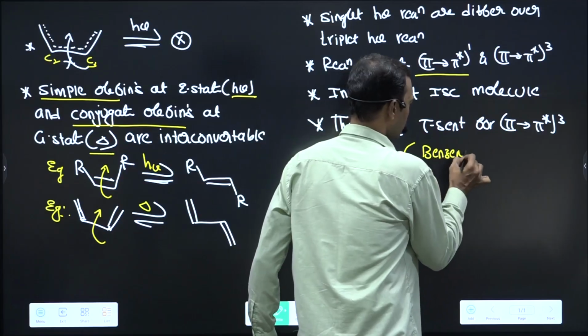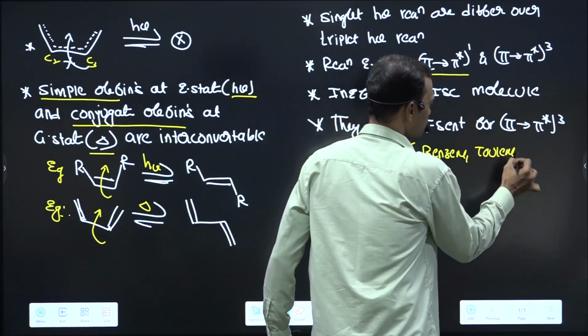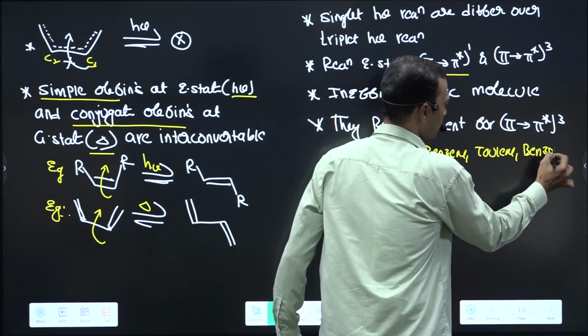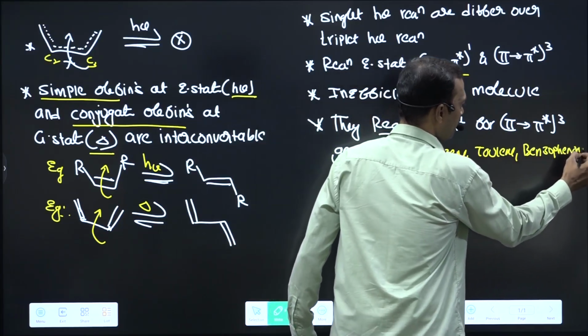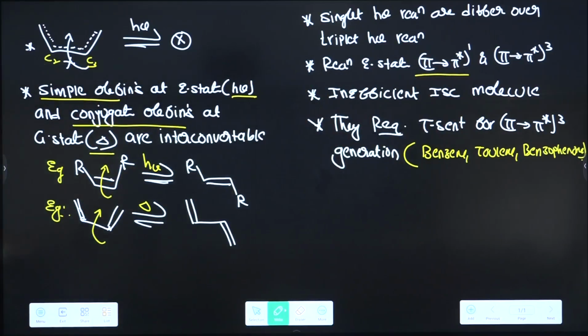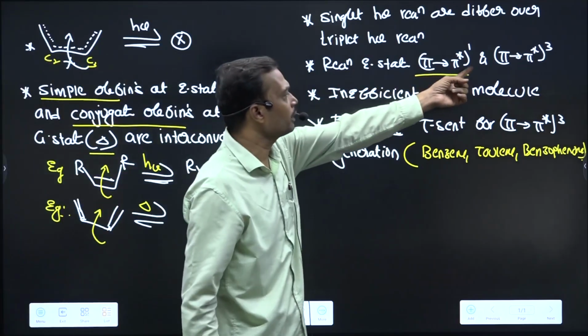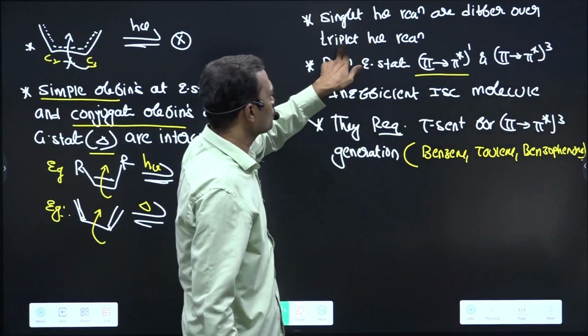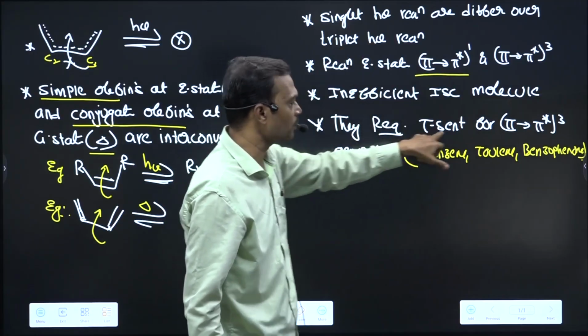Take benzene, toluene, xylene, benzophenone, etc. Aromatic carbonyl compounds and aromatic skeletons are triplet sensitizers for this. Diene is an inefficient ISC molecule. They never generate a triplet state, but triplet reactions are different compared to singlet. So in order to generate a triplet state, there is a requirement of a triplet sensitizer.